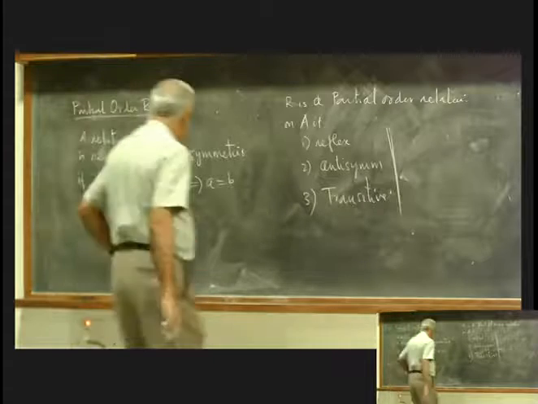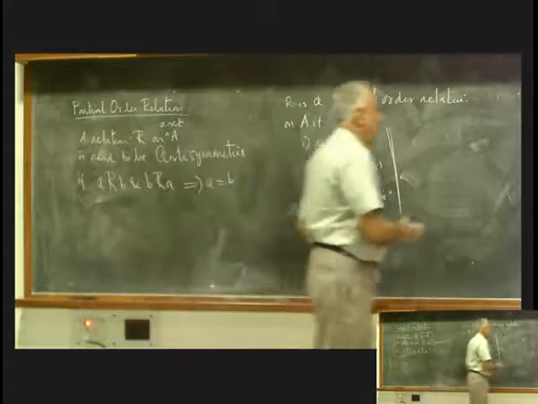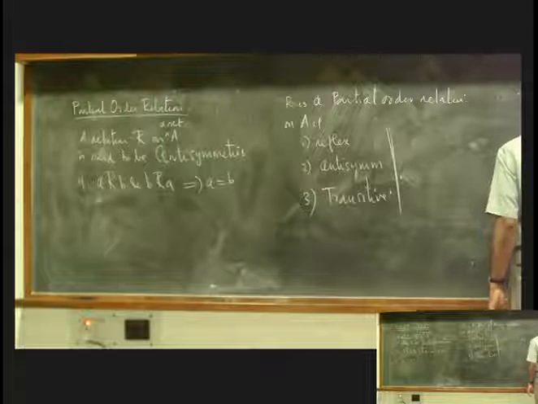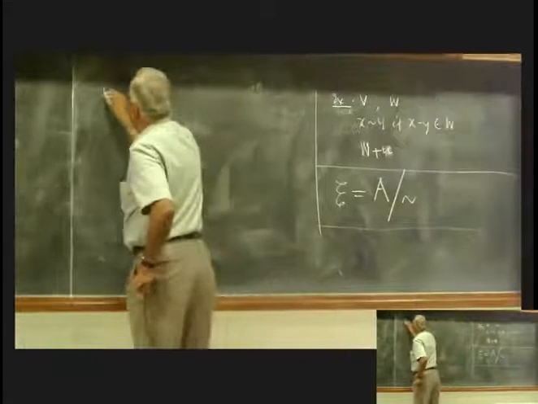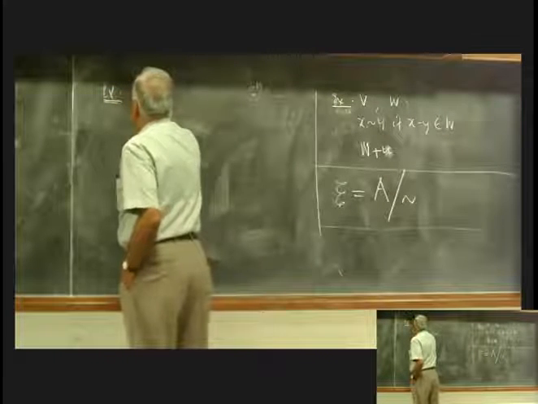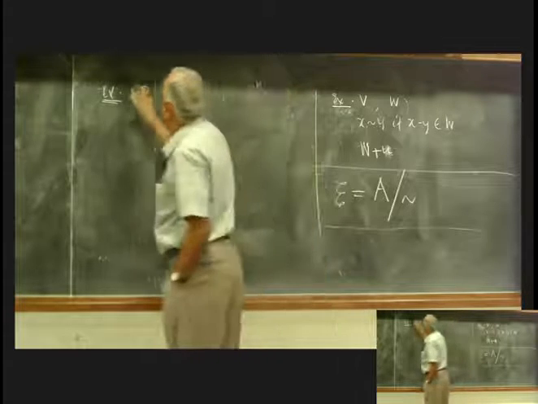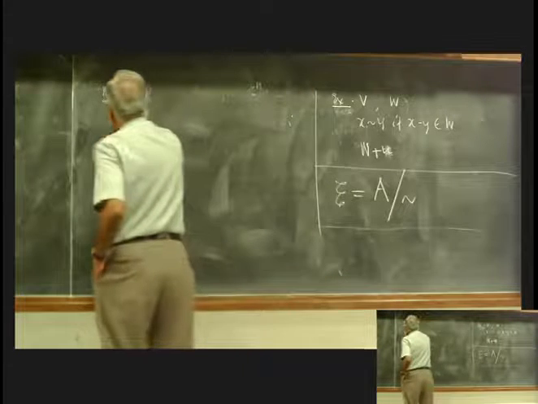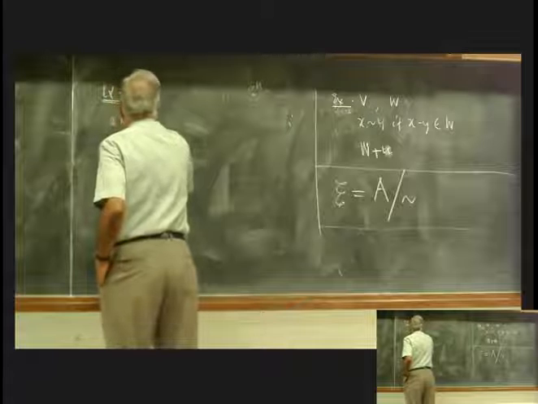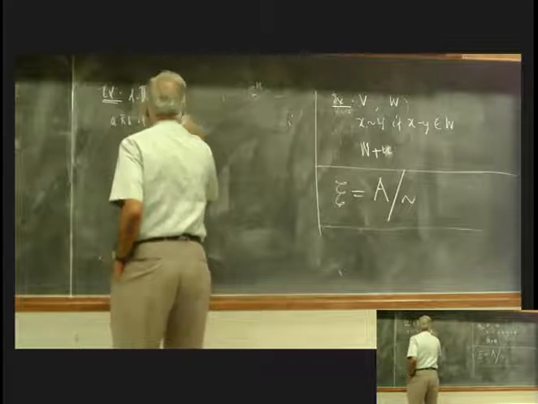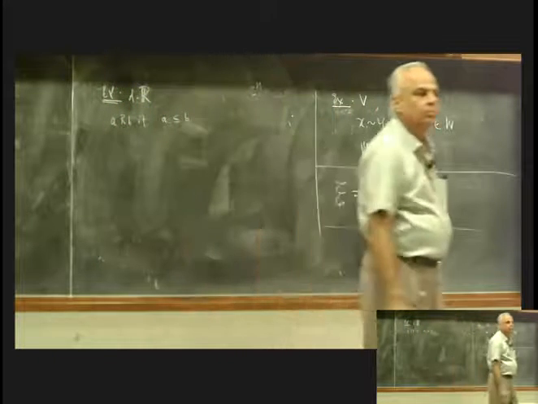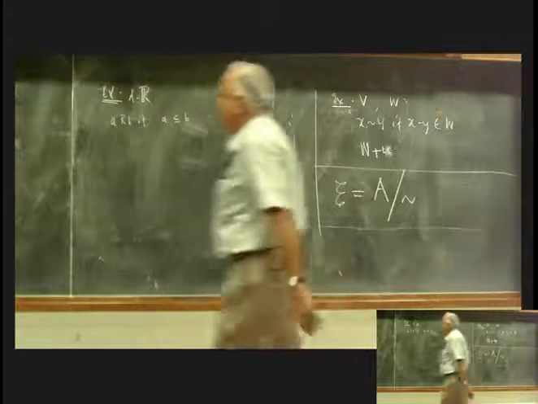For example, let me give you two examples here to start with. Let us take the set of all real numbers to be our A, and then let us say A is related to B if A is less than or equal to B. Now let us see whether it is true.